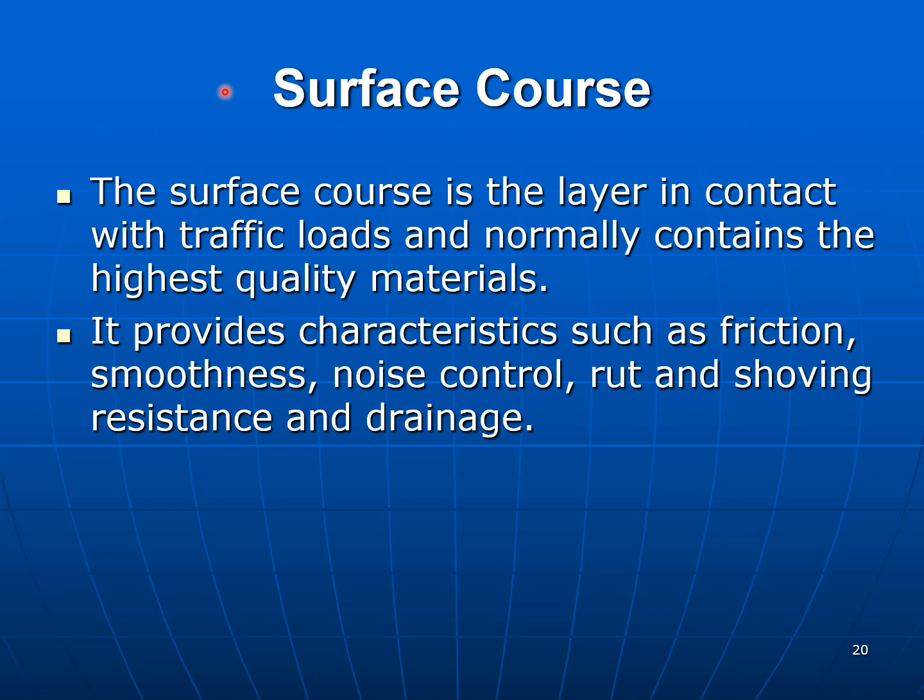Okay, now we are going to consider the various components of the flexible pavement one by one. First, look at the surface course. The surface course is the layer in contact with traffic loads and normally contains the highest quality materials. It provides characteristics such as friction, smoothness, noise control, rut and shoving resistance, and drainage.